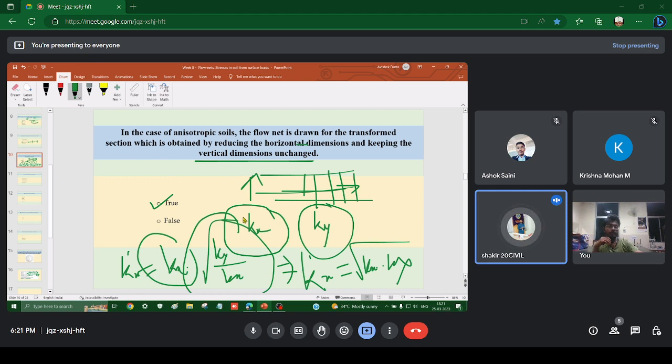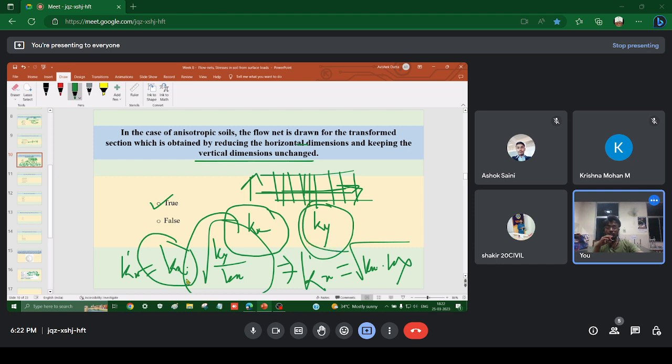Repeat once again, sir. In the process of finding out the discharge, which value do you need? You need the horizontal value, right? Kx, yes, because the equivalent k will be obtained from kx. Now, kx is passing through so many y layers. This is the y section, this is the y section, and at each y section it has a different value of permeability.